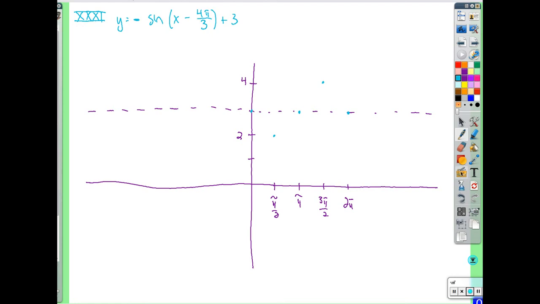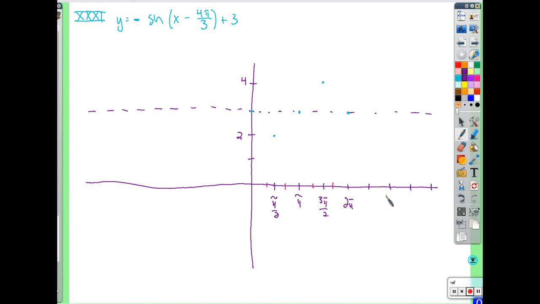So let's see, if we want to do it visually, this pi right here, if we divide it into 3 pieces, each of those pieces is a pi over 3. So if we mark off the pi over 3s, which we could do a better job of if we had a better eye, we'll mark off another pi over 2, pi over 2, pi over 2, pi over 2.